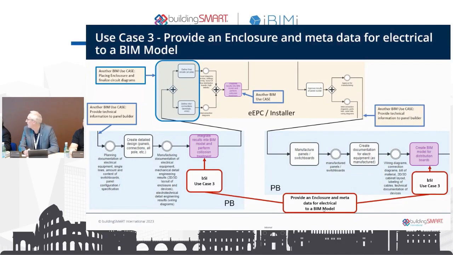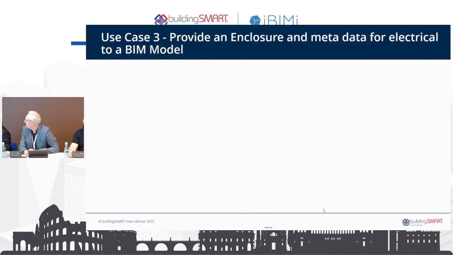And we don't talk about how the information gets back from the proof concept to the panel builder. These are important in the whole value chain, and these are different use cases. We explain here 3 use cases that we have defined, and other use cases will follow, which we could define later on.